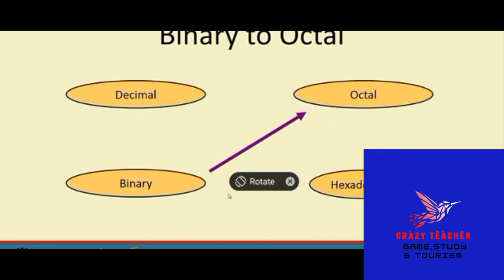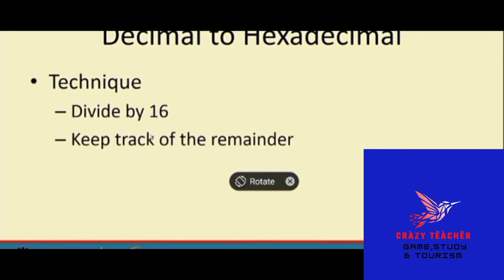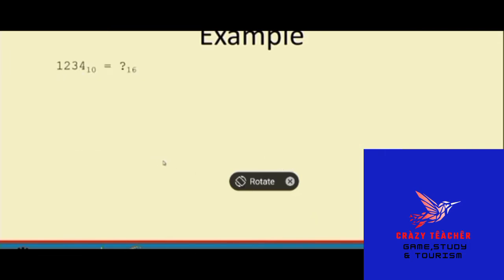Then 1, 1, 0 forms the third group, and here I don't have 3 bits, so you can safely assume two zeros. They will not contribute anything to the number, so I can do that.